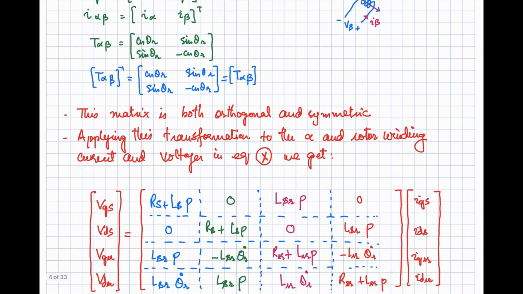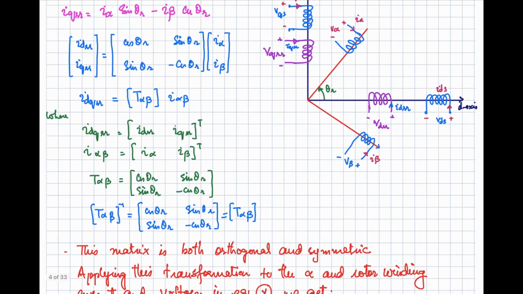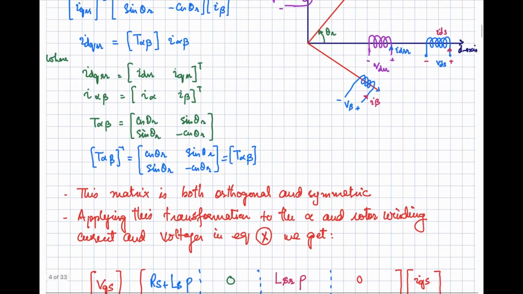So applying this transformation to the alpha and the beta axis of the rotor winding, you can find out the currents, you can find out the voltages along the D and Q axis of the stator, right?